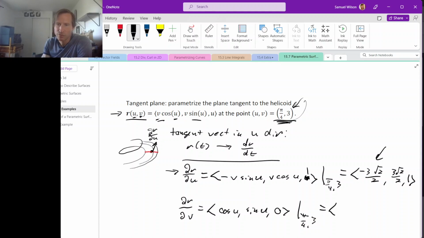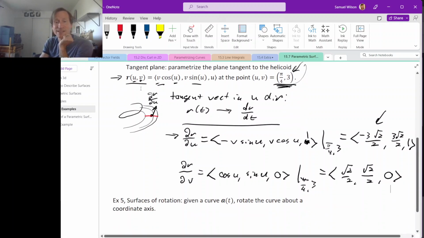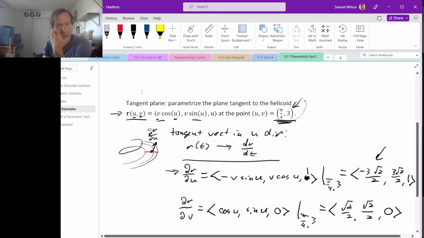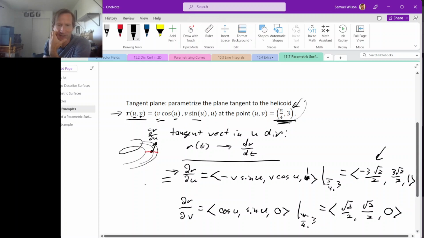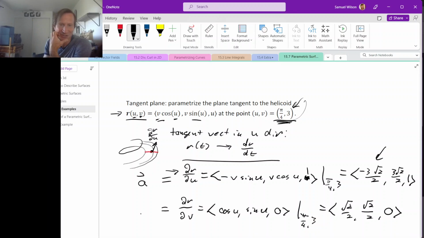And we get root 2 over 2, comma root 2 over 2, comma 0. Okay, so now we have these two vectors, and our plane is tangent to both of these vectors. So let me call this vector A, just so that I don't have to write out that partial derivative all the time. Let me call this one B.